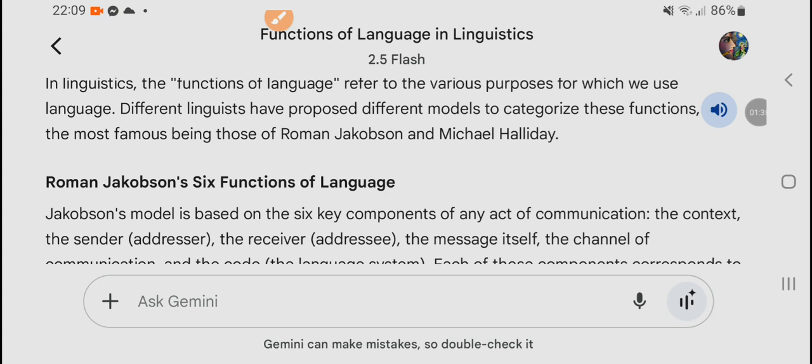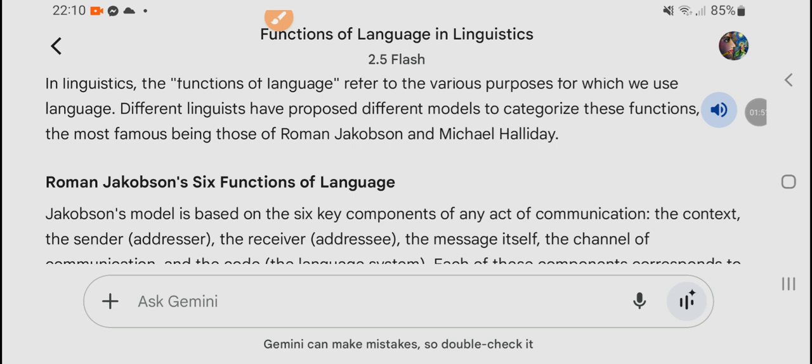This is the functioning. Characteristics, features are characteristics, and functioning means how you can use it, for which purpose. So these are the functions.